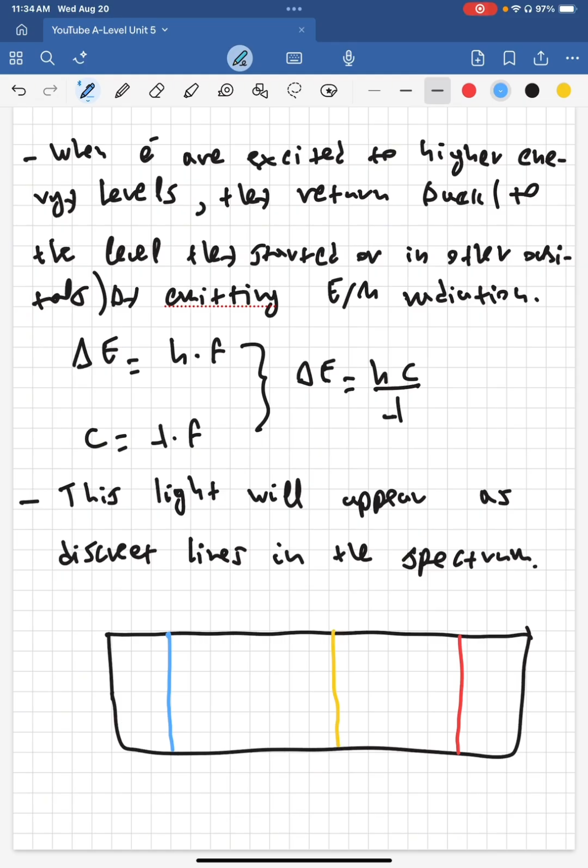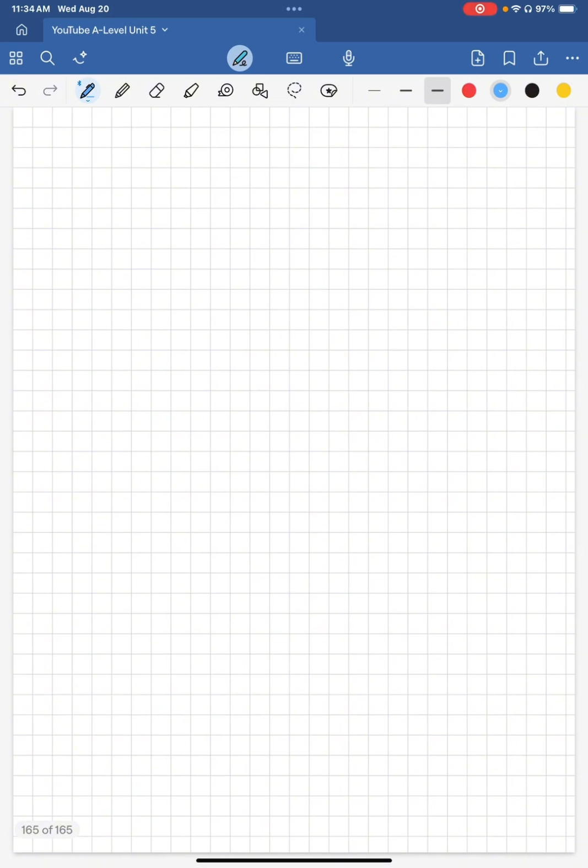Now let's go see what an absorption spectrum is.